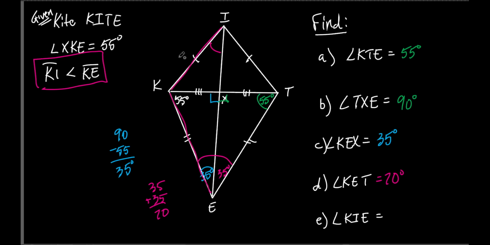Since they say that this is less than this, I want to find some range that this angle has to be. It has to be between something and something else. Well, it is part of a right triangle, isn't it? So it has to be less than what? 90.